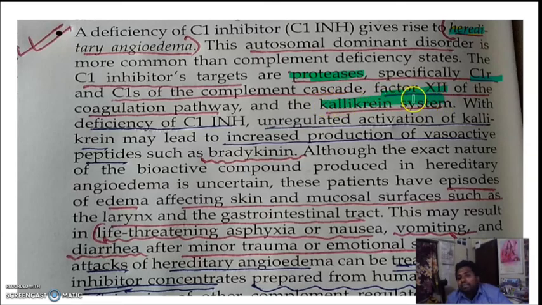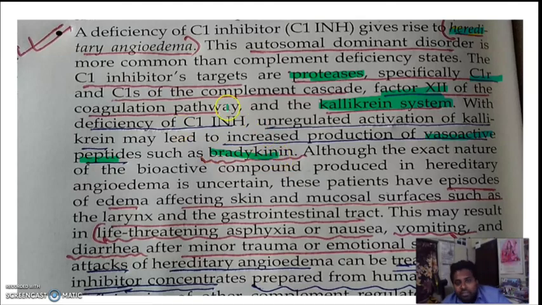So what does the kallikrein system do? The kallikrein system forms kinins like bradykinin. Bradykinin is a potent vasoactive peptide, a vasodilator, which has a short half-life due to constant degradation by kininase.